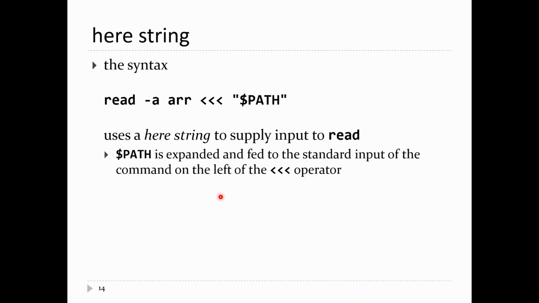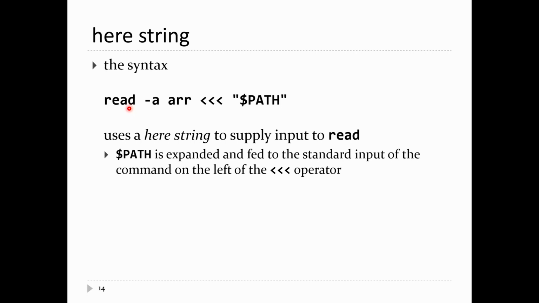So the syntax, that triple less than sign, is using what's called a here string. So read -a ARR <<< $PATH. That <<< $PATH is called a here string. Remember, read normally reads from standard input.